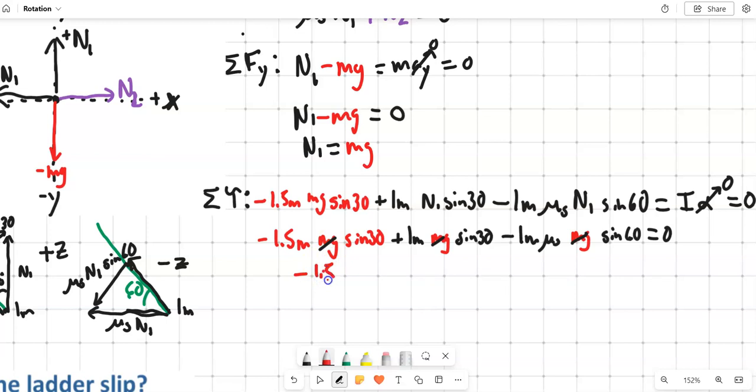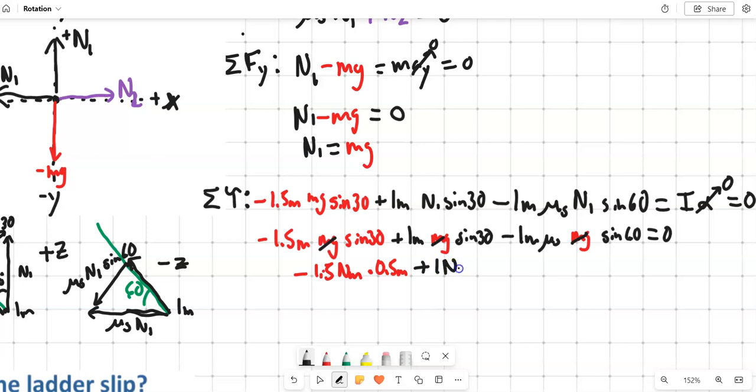So negative 1.5 Newton meters, sine of 30 degrees is a half, times 0.5 meters, plus 1 meter times 1 Newton meter. So this is going to be 1m times mg, which got eliminated.